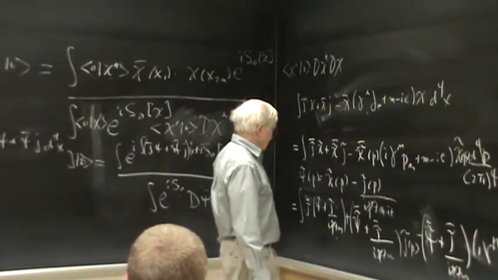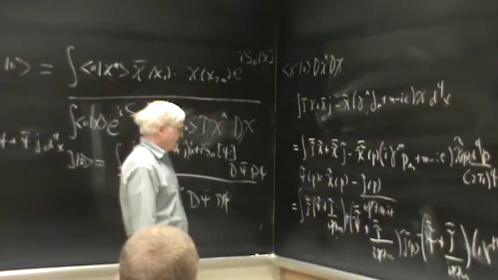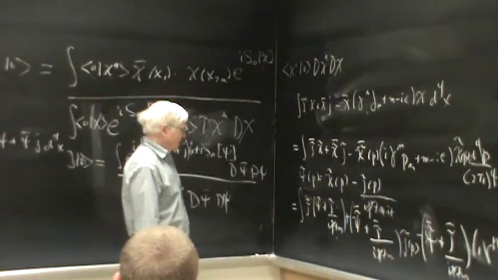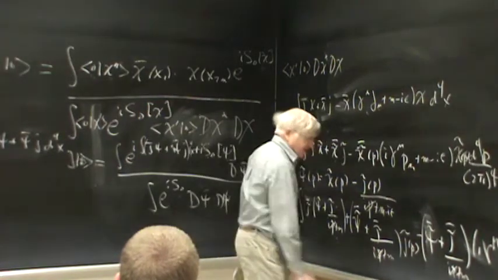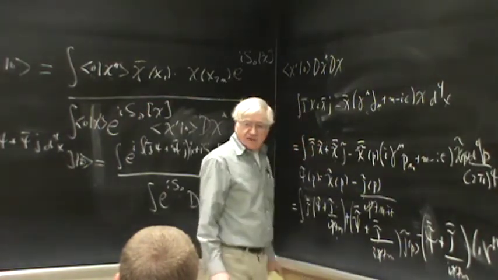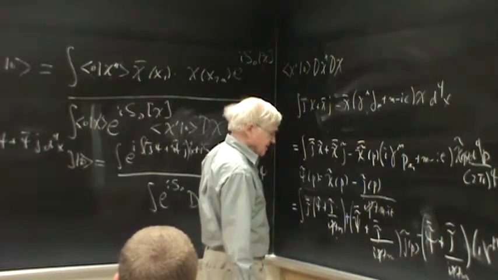And actually, now that I think about it, I'm a little bit worried about what happens when we bar this thing and we've got this in the denominator. I sloughed over that when I did the derivation this afternoon.